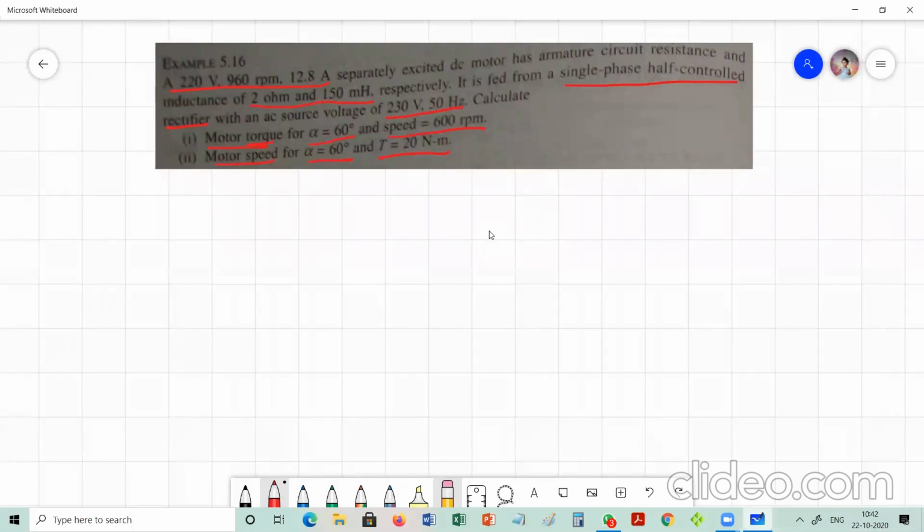The rated conditions are, I will write down the rated conditions. What are the electrical conditions? VA is equal to 220 volt.